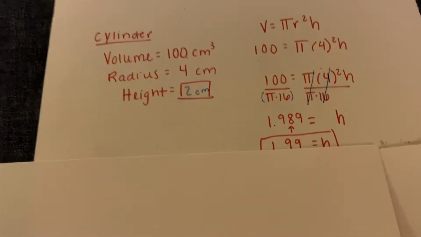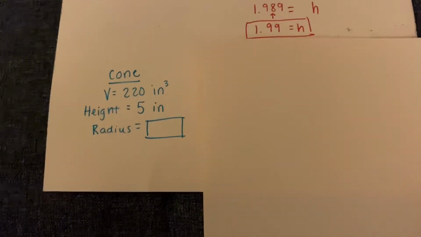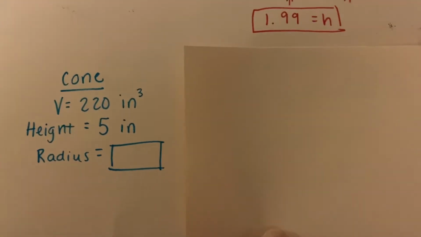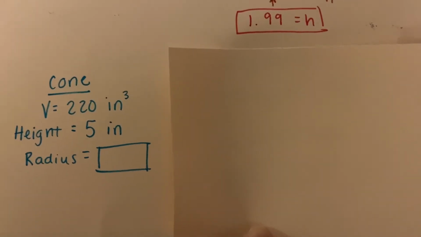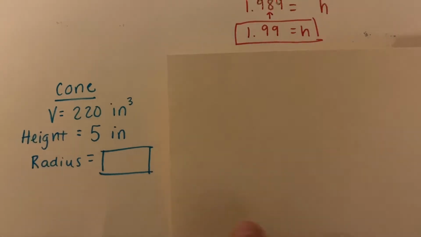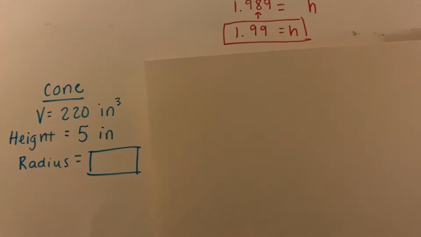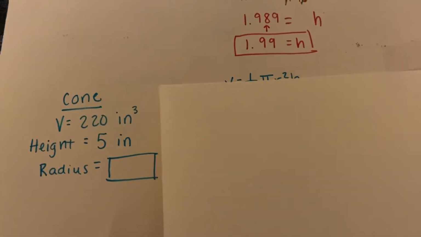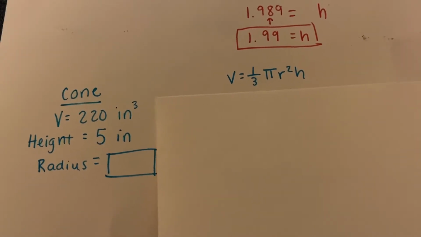Okay. Now my next example is going to deal with a cone. Now the cone here, once again, I'm telling you that the volume is 220 cubic inches, but the height is 5 inches. So we're actually solving for my radius in this problem. Now to do this, there's all the little steps, but the first step is you should plug in what you know. I know my volume and I know my height.